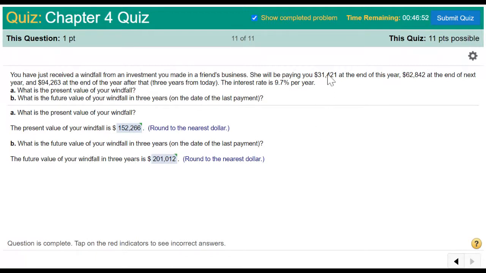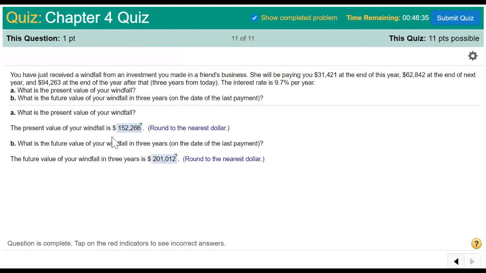If you add all of the present values for year 1, year 2, and year 3, you're going to come up with 152,266, rounded to the nearest dollar.